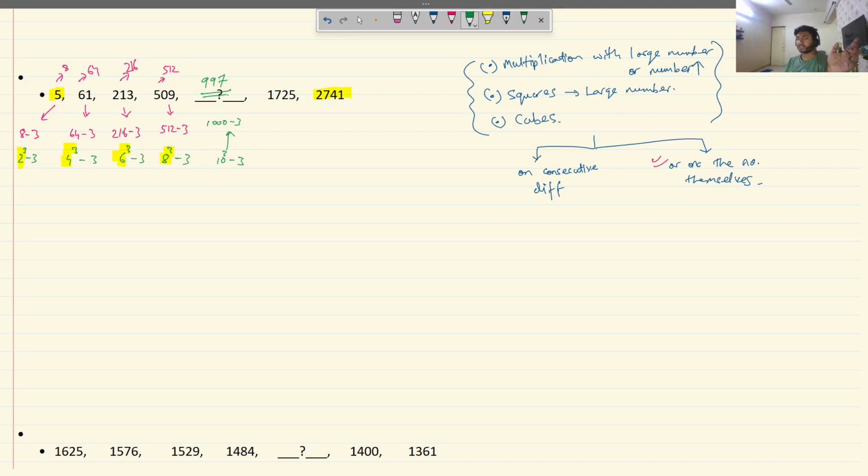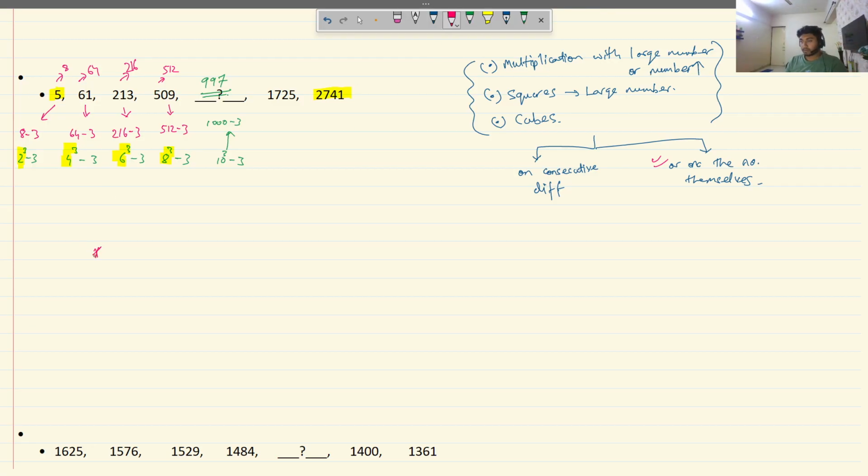So I expressed them in the way that is given to us: if 64 is my perfect cube, how can I reach 61, by minus 3. We did that for the other numbers and saw it is minus 3 for all the cases, so it's following a pattern. And when I express those cubes in the forms of 2 cube, 4 cube, 6 cube, 8 cube, the pattern was completely clear to me that the cubes are of even numbers.